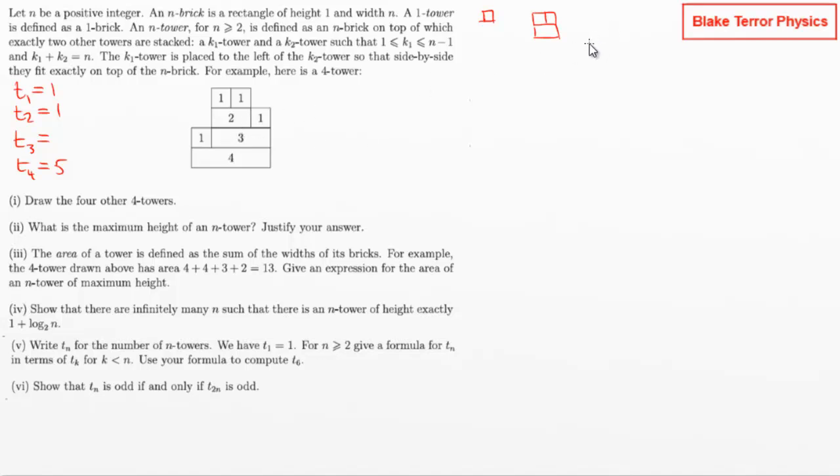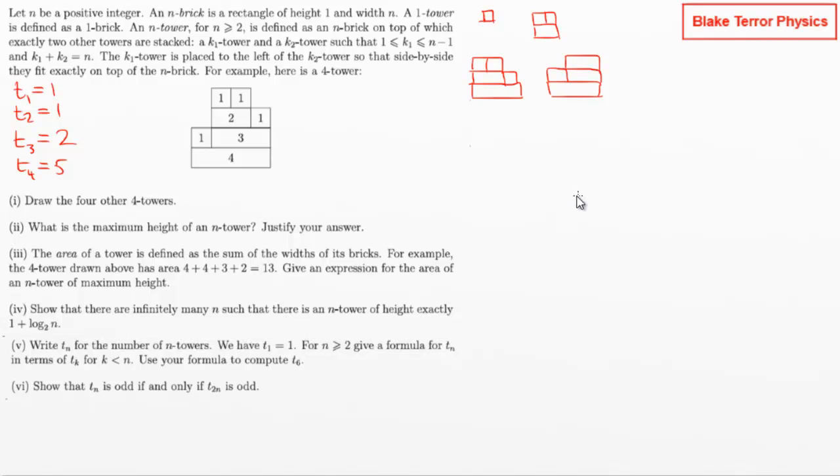For a T3, we could do a 3 with a 2 and a 1, like that. So that would work. Or we could do a 3 with a 1 and a 2, like that. But we can't do anything else. So we've only got 2 options there. So 1, 1, 2, 5.